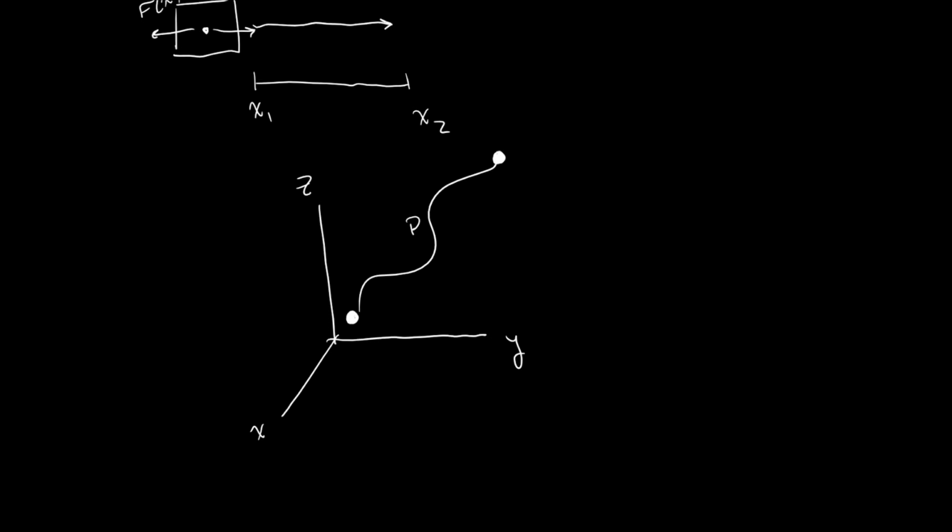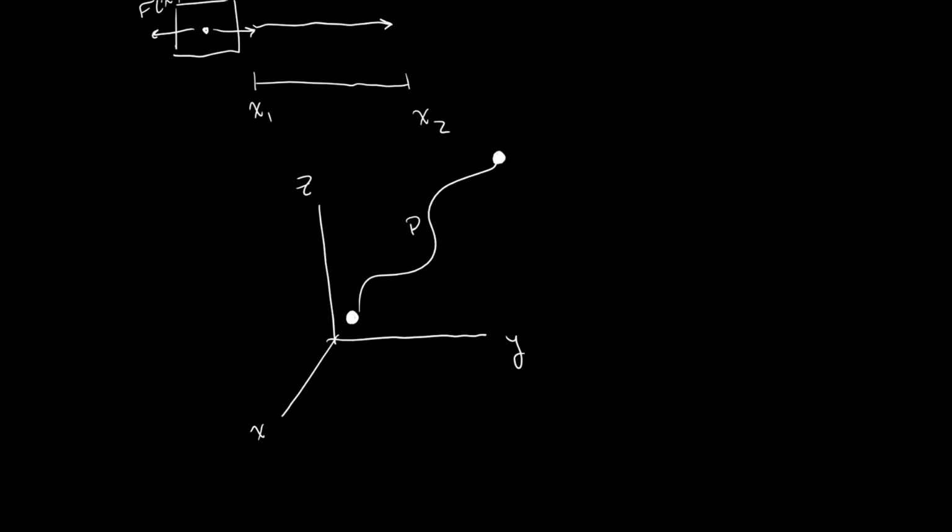So again, we might say, okay, well, this is probably just going to be the total sum of the force exerted along this path. But we have to be a little bit careful because in this case, we only really had one direction that the force could point, whereas here, it can point in any number of directions.